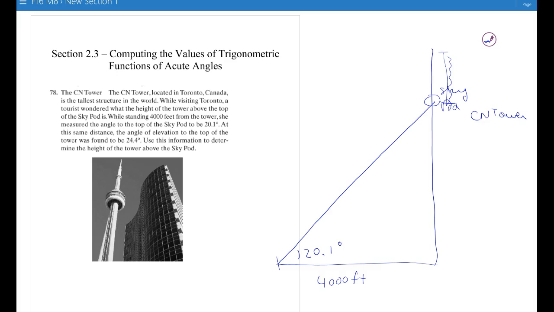And standing at the same spot, the angle of elevation to the top of the tower was found to be 24.4 degrees. So we'll use this information during class to see if we can figure out this number, that's the distance between the sky pod to the very top of the tower, using trigonometric functions. So that's all for this section.